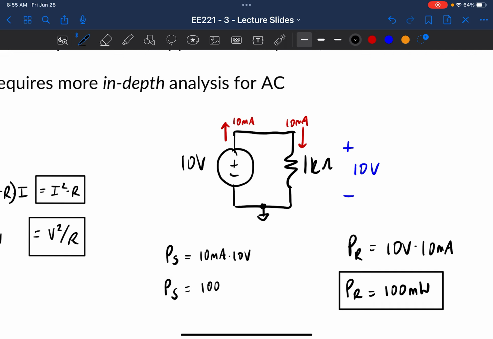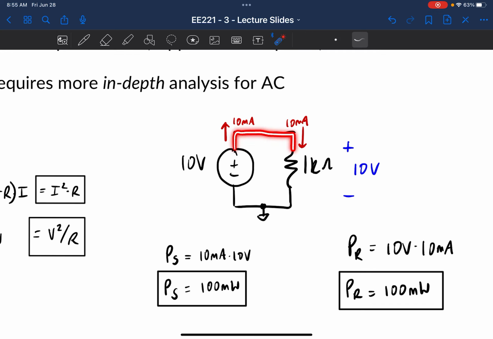This is 100 milliwatts, which is the exact same. And so we see that power is conserved, especially in a circuit like this where we're considering no non-idealities, no parasitics. We just have an ideal voltage source connected to an ideal resistor using ideal wires. The power supplied is equal to the power dissipated, and that is going to be very useful for us. The conservation of power is useful in this module.